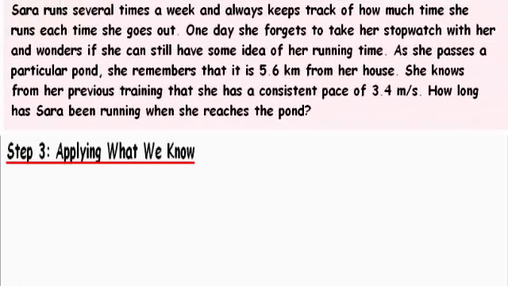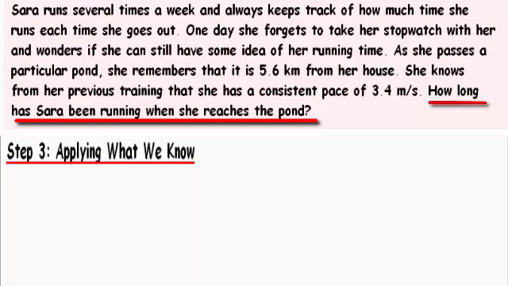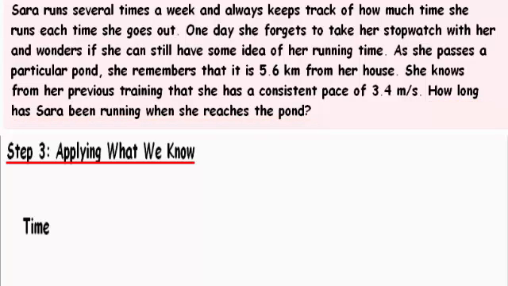The problem is asking us to calculate how long Sarah had been running by the time she reaches the pond. So in other words, we are to find the time. Referring back to our triangle, we know that in order to calculate time, we divide distance by speed.